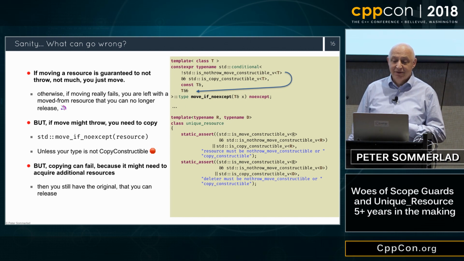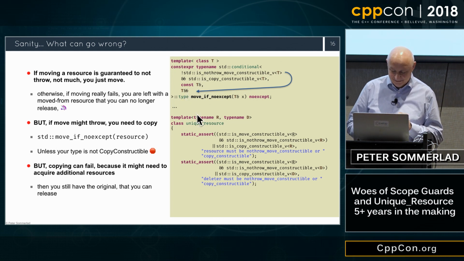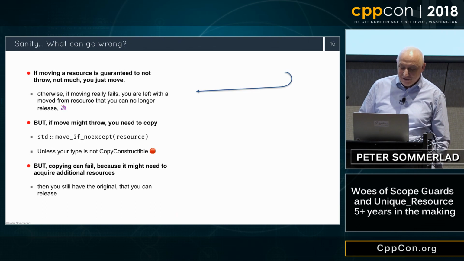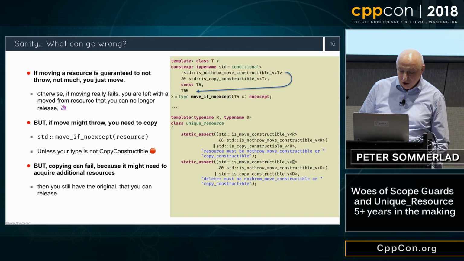So if it's not copy constructible, but move constructible, but the move constructor is throwing, you end up with interesting things. Or maybe my logic is wrong. But nevertheless, throwing moves are bad, and copying might fail.